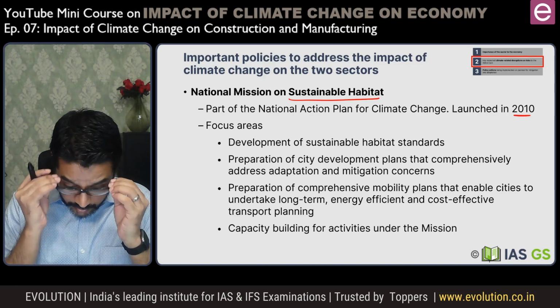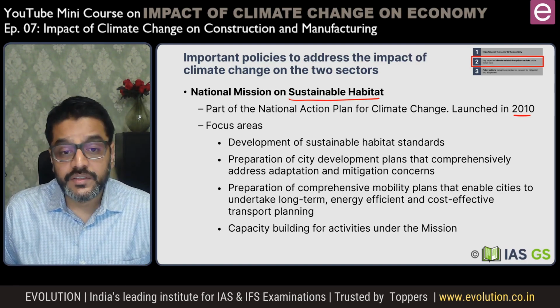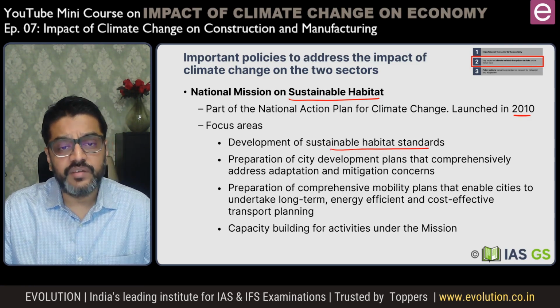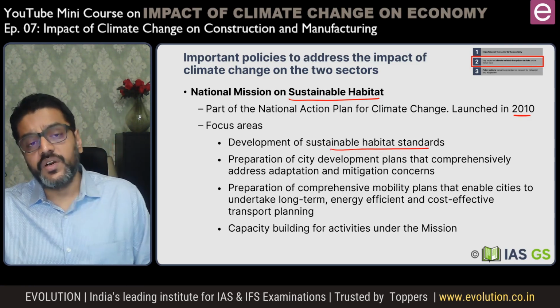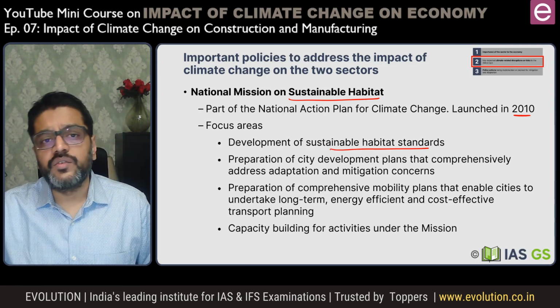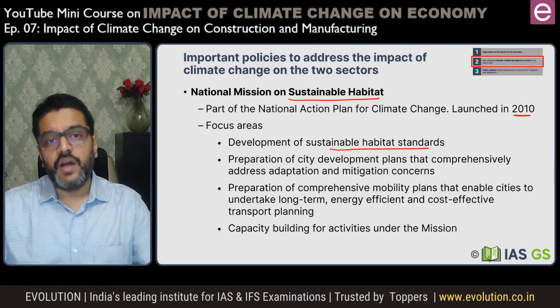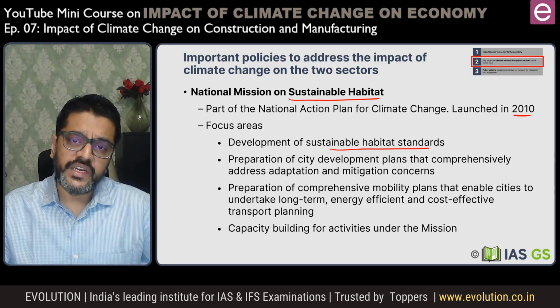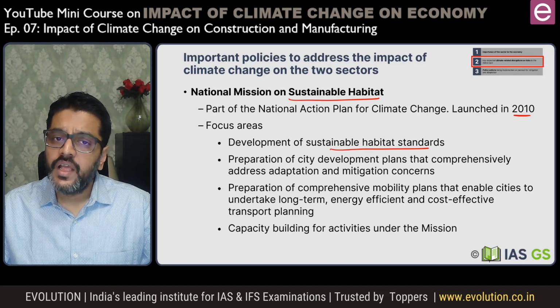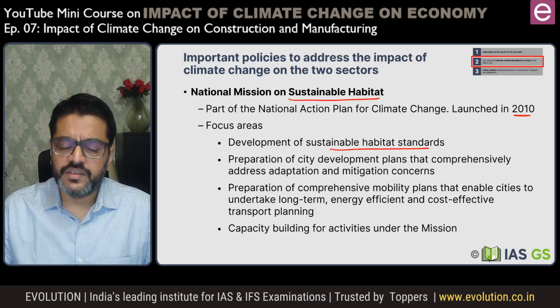Focus areas for this National Mission for Sustainable Habitat are to support the development of sustainable habitat standards. So what are standards? Basically things like building codes, how you construct your buildings, what kind of materials can be used, how much ventilation is needed, how much heating, how much cooling you need. So detailed building codes have been developed, and we'll see one instance later in the video as well.